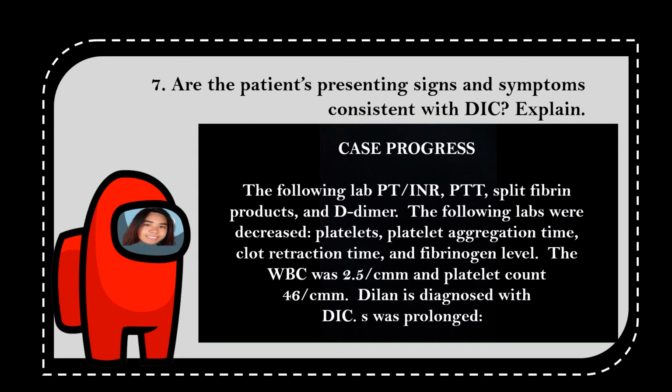The WBC result of Dylan is 12,500 per millimeter, and the platelet count is 46,000 per millimeter. It means the lab results are consistent with DIC. Also, the patient is urinating blood, has blood in her sputum, is bleeding from her blood draw site from hours prior, has petechiae to her trunk and ecchymosis to her right upper extremity.